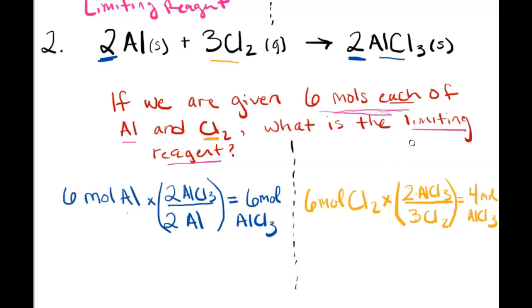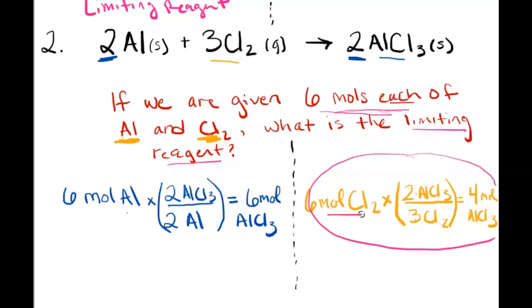Right, so when we run this reaction, if you're given 6 moles of aluminum and 6 moles of Cl2, right? The thing that's going to limit you from making more AlCl3 is going to be this one, right? Because remember, we need both of these ingredients to make AlCl3, right?